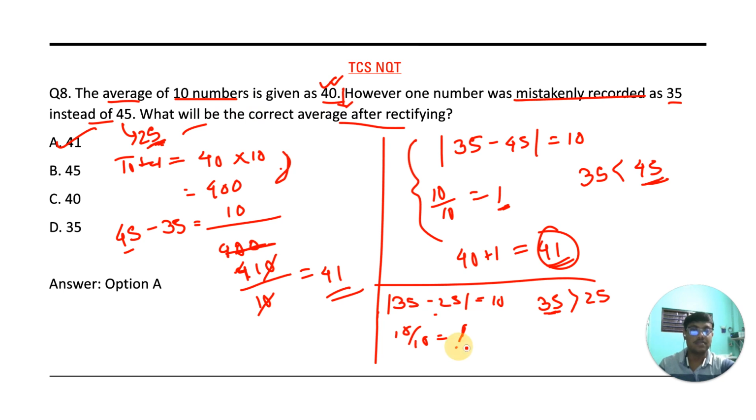This means whatever difference per candidate we have got, we have to subtract it from the average, which is 40 minus 1, which is 39. So in the case where our actual value is lesser than the mistaken value, we have to subtract the value, and where the actual value is greater than the mistaken value, we have to add the value.